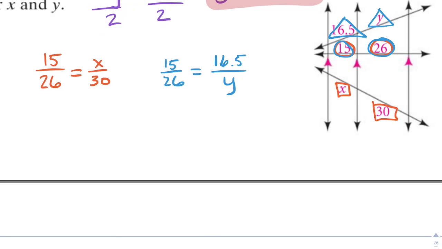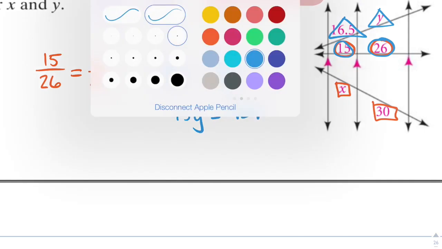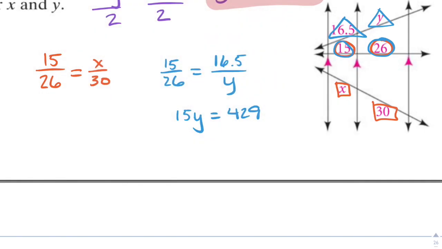Okay, find our cross products. The math here is 26 times 16.5. So I get 15y equals 429 for this one. In orange, I'm going to do 30 times 15. That's 450.